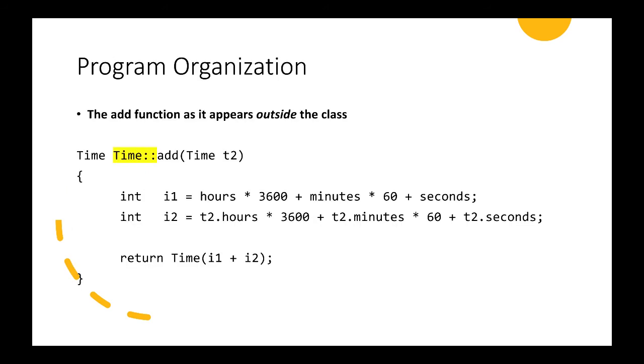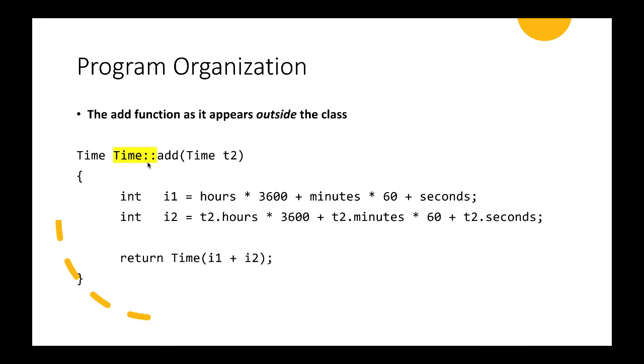Functions need a way of being defined outside of the class because there are often situations where you cannot put your function inside of your class because it's too big or too complex. It needs to be put outside of the class, but we still want it to belong to the class. So we use what's called a scope operator.